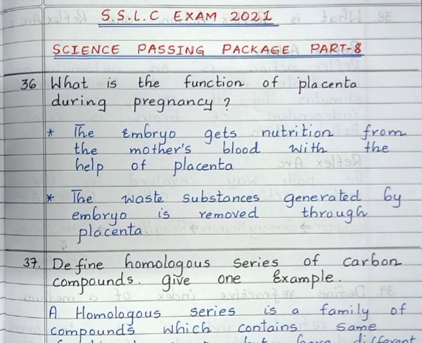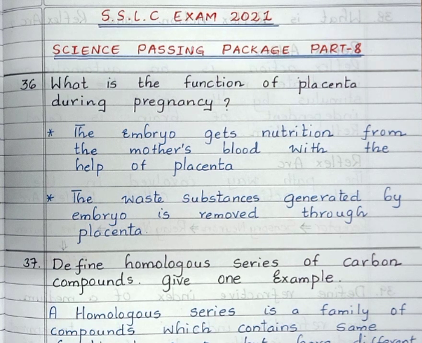The embryo gets nutrition from the mother's blood with the help of placenta, and the waste substances generated by the embryo are removed through placenta. These are the two main functions of placenta during pregnancy.